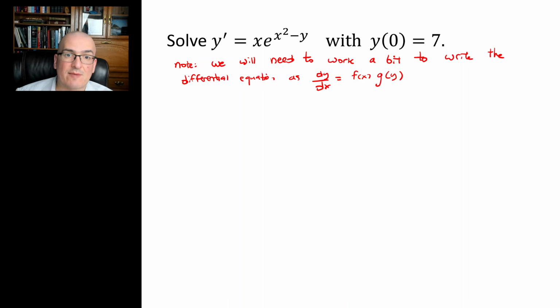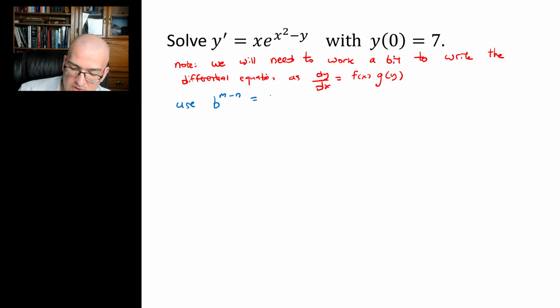It's not written in that separable form. So what we'll do is we will use b to the m minus n, or b to the m plus n. Oh, let's go b to the m minus n. Why not?